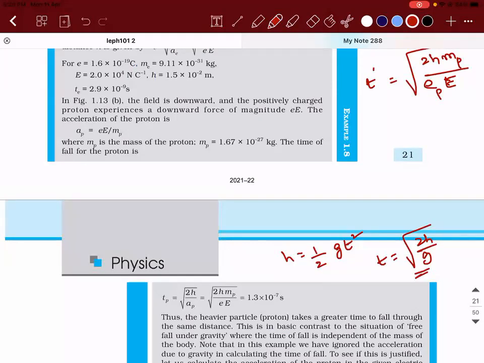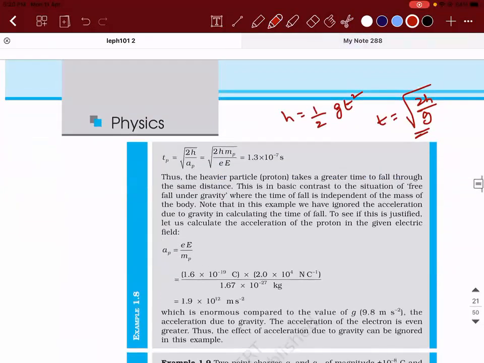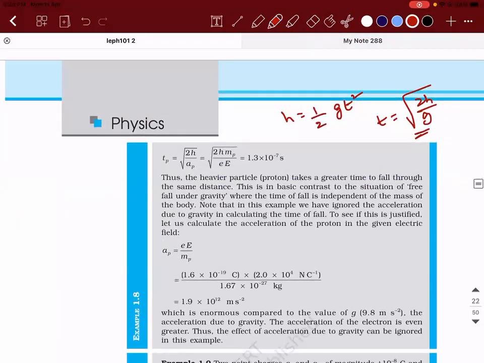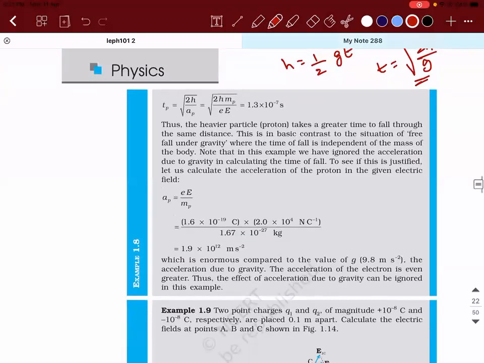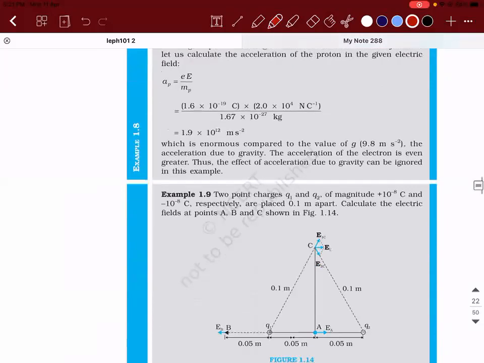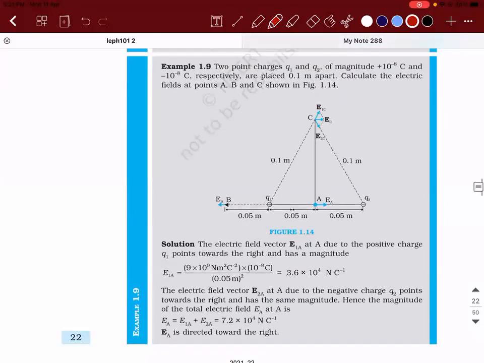So there the mass is not going to play an important role. Hence, this will be the difference. Right? So with this, we'll go to the next problem.